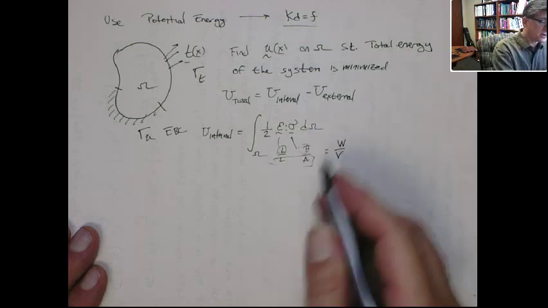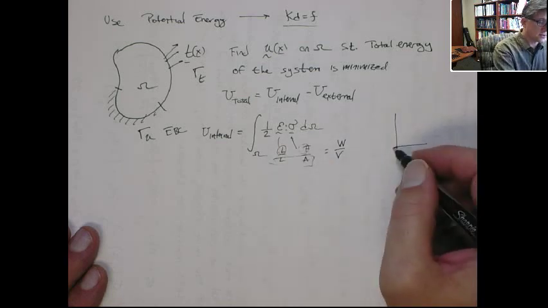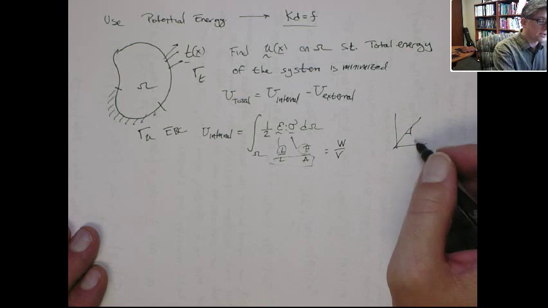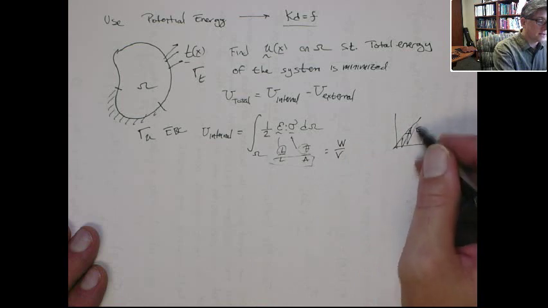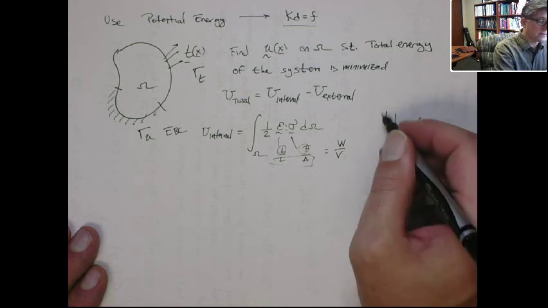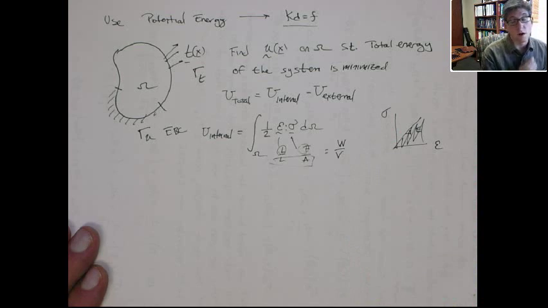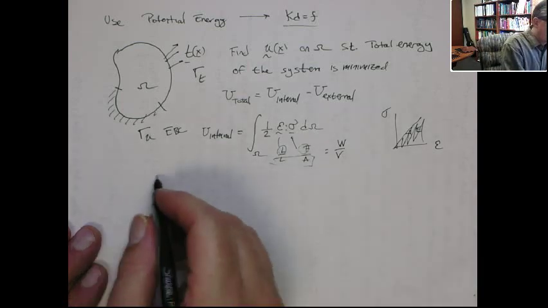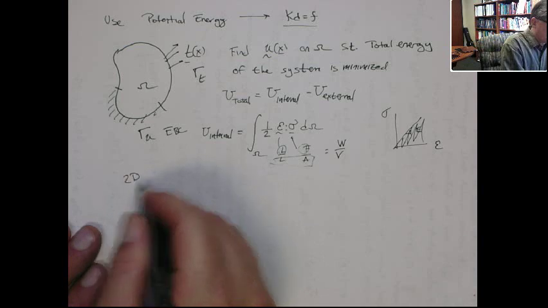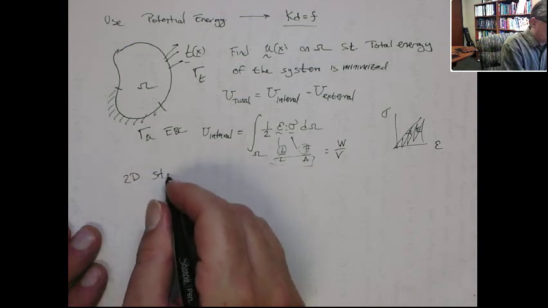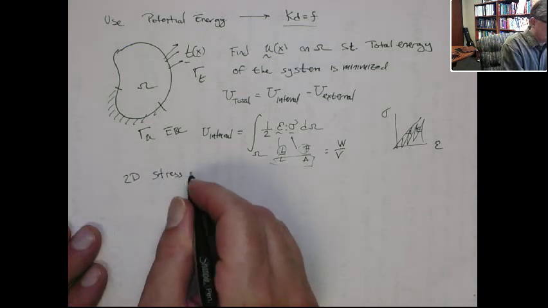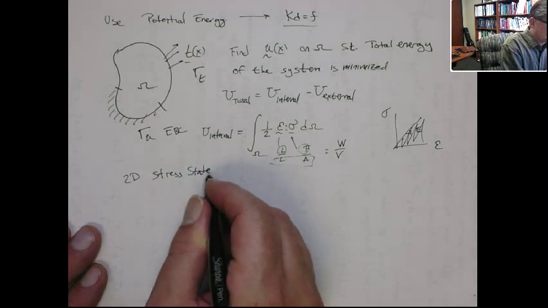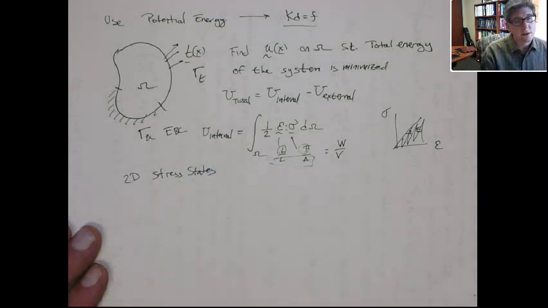And the 1/2 is here because it's a linear system, and it's very similar to, if we have proportionality here of Young's modulus, it's the area under the curve, right? Okay, it's like Hooke's law, or strain energy of a spring. All right, now when we do this, I'm just going to consider for now 2D stress states. Plane stress, plane strain, okay?